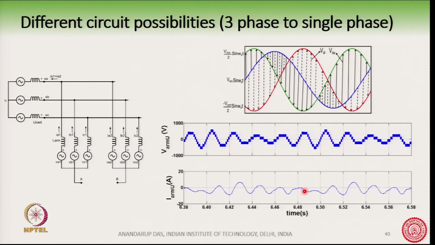This is very interesting, because just by looking at the circuit in a slightly different fashion, we see that a possibility exists for converting a single phase to a 3 phase, or a 3 phase to single phase, at different frequencies and different amplitudes. Both are possible.